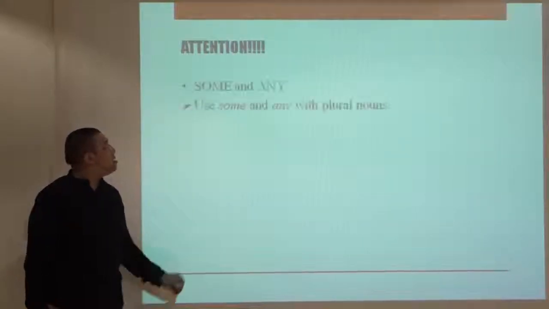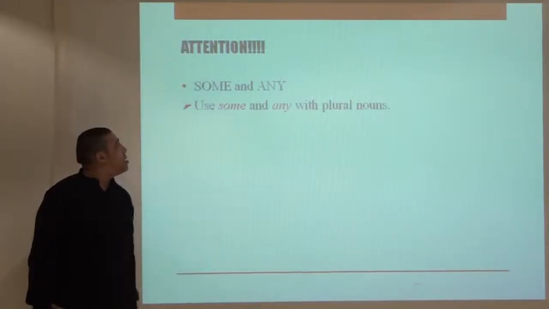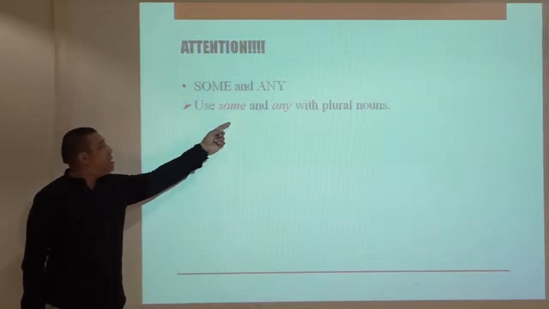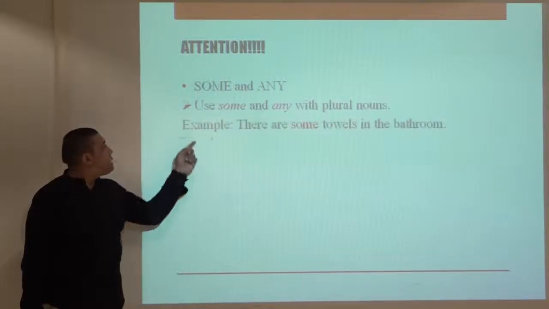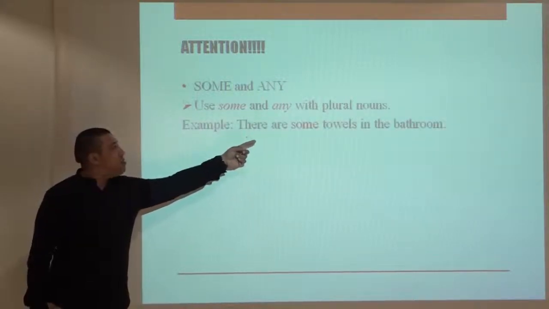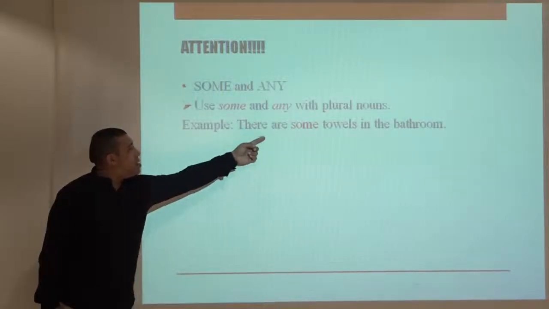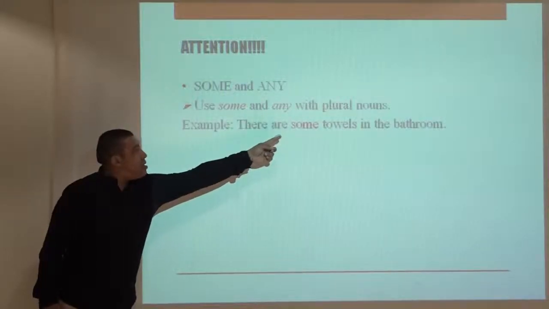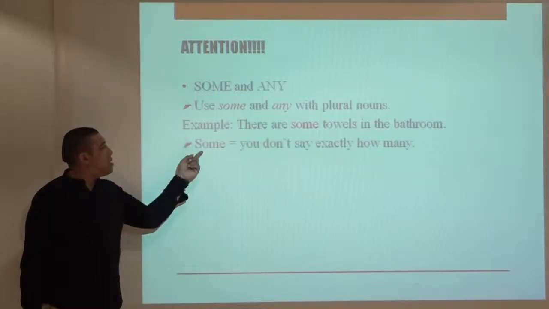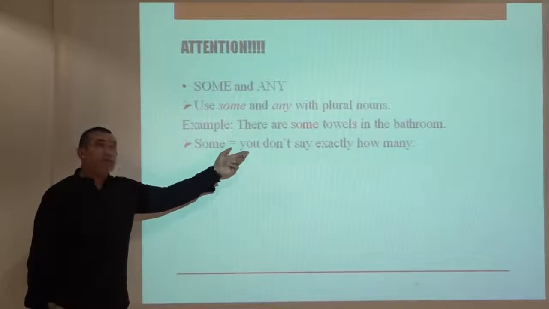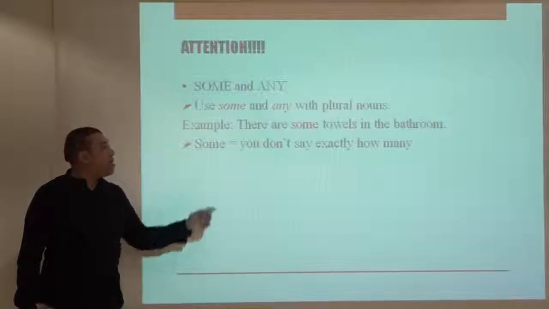Please be careful that there's a difference between some and any. We use some and any with plural nouns always. For example, there are some towels in the bathroom. So we use there are, then some, and towels, the plural form of the object. Some means that you don't know exactly how many you have of that thing.